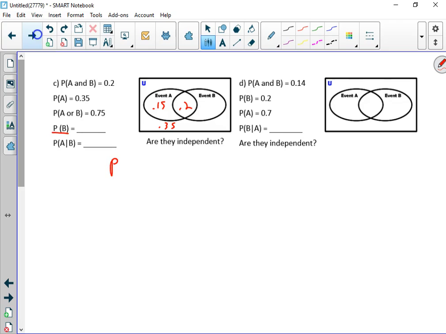So the probability of B right here is going to be the 0.75, the total for both of them together, minus the 0.35, which is A, and that'll give us the whole circle plus 0.2. That will give us 0.6. So the probability of B is 0.6, which means this is 0.4 right here.